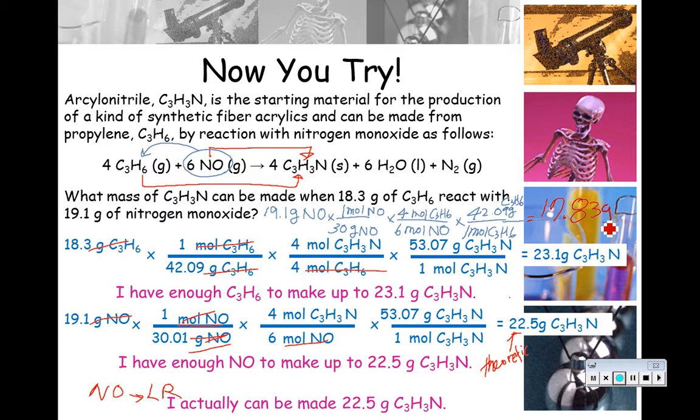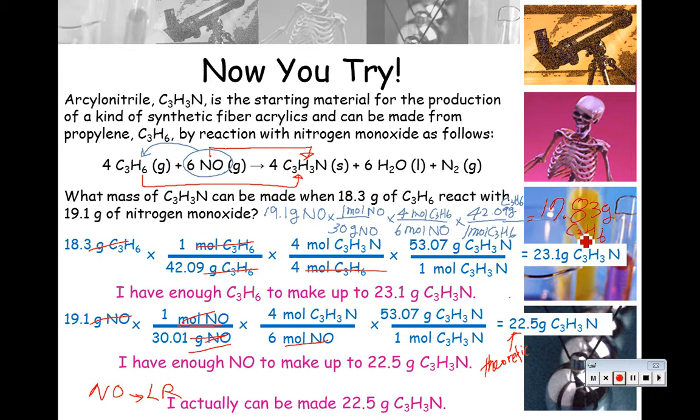So what that means is that after I decided that NO is my limiting reactant, and that whatever NO is going to produce for C3H3N is my theoretical yield, I'm asking, if I'm going to use up all of my NO, how much of C3H6 will be left over?